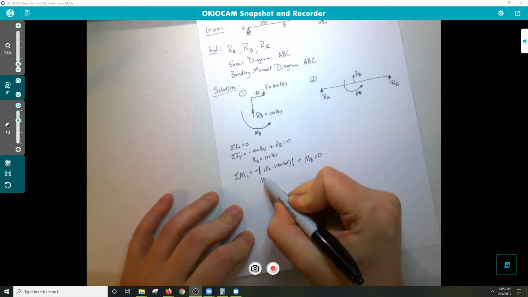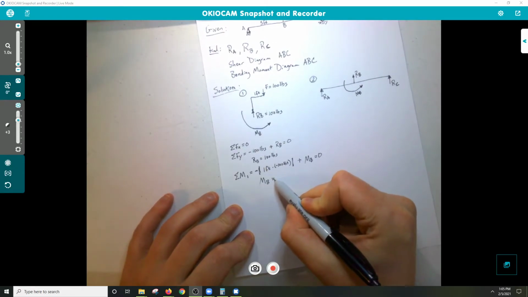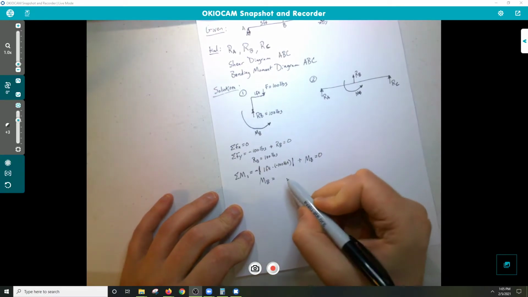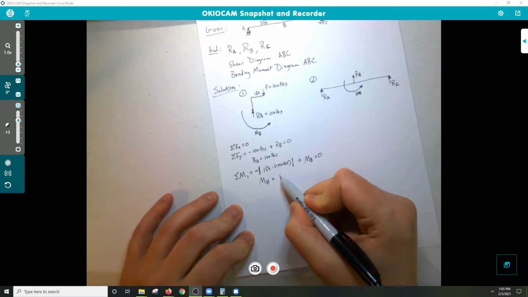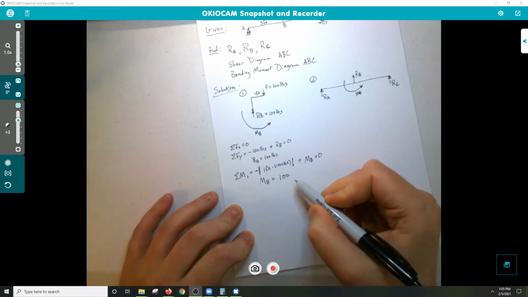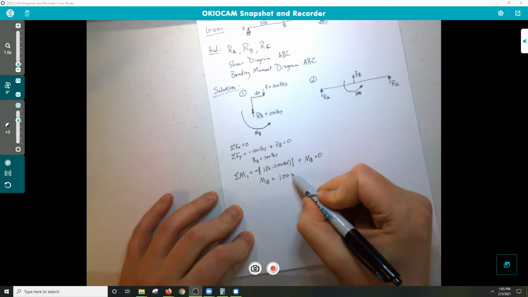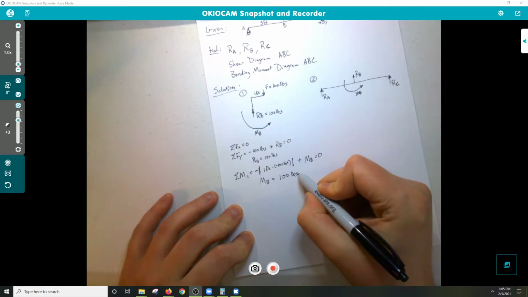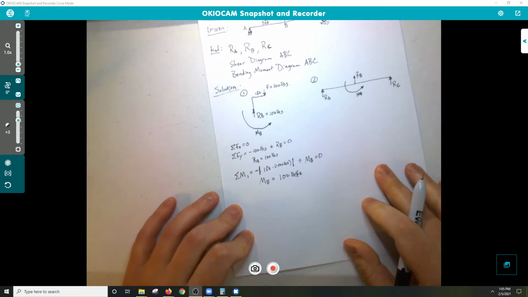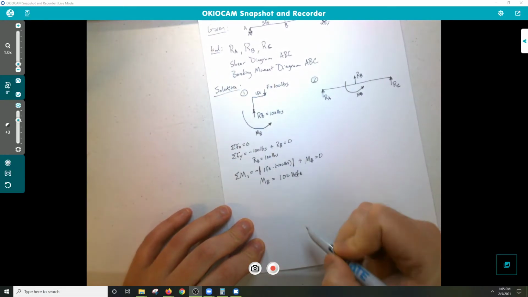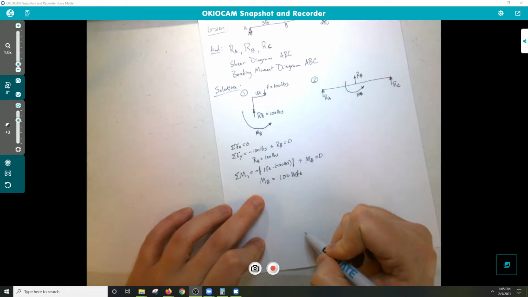So we end up finding our moment at B is equal to, well, if it's negative, we bring it to the other side of the equation. We'll get a positive. Absolute value bars, again, cancels the negative inside. And we get 100 pounds, or pound feet, right? Pound foot, foot pound, pounds times feet. All right, so we have our bending moment for MB.